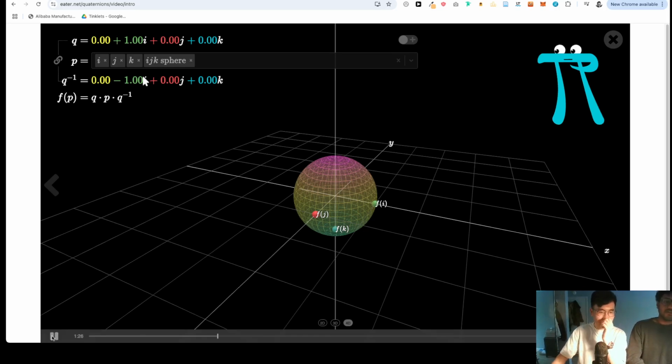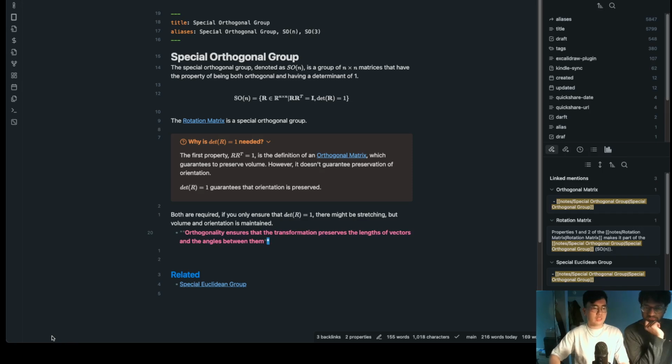Are we done with SO(3)? You want to maintain the relative sizing of the vectors, not just the entire matrix, but also the lengths of the vectors and the angles between them. You want to preserve those properties. That's why you need it to be an orthogonal matrix.